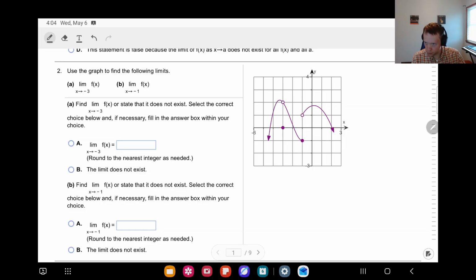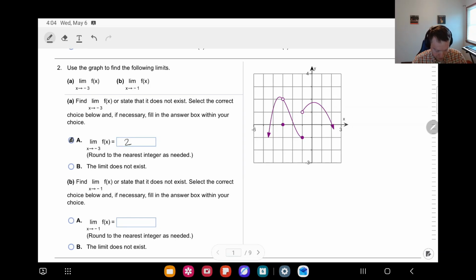Now that's not the literal f of -3, but that's not really what matters with the limit. It's where are you headed? So we're headed to this height, which is height 2. This is height 2 here. And yes, I'm saying that this exists.